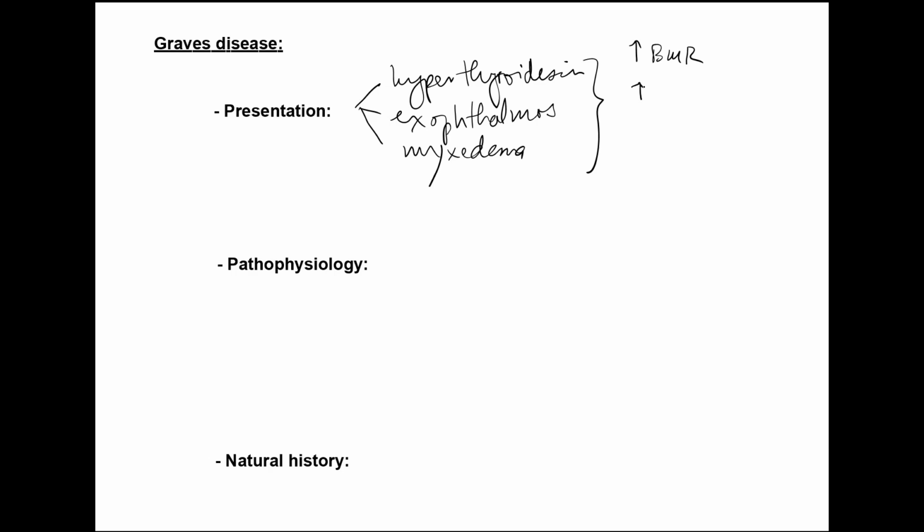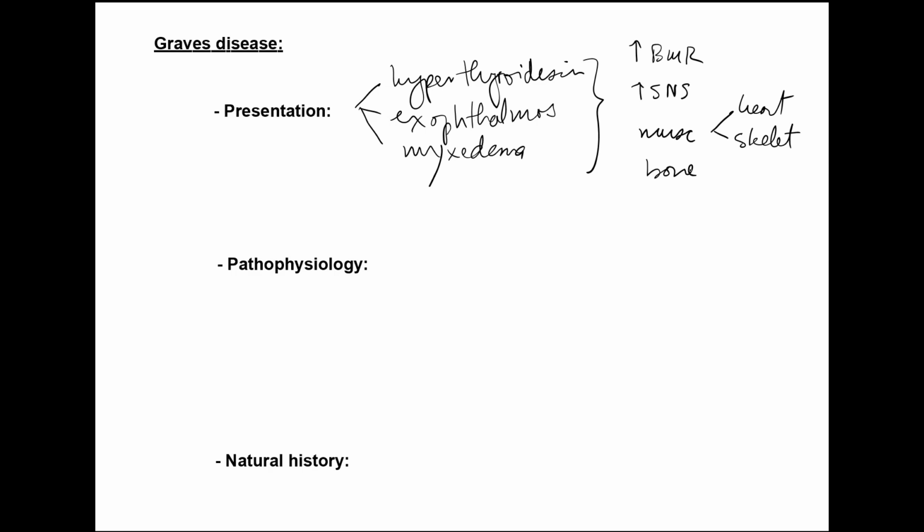The increase in the sympathetic nervous system gives the anxiety and the tremors and the staring eyes. The effect on the muscle, remember we're talking about atrial fibrillation in the heart and weakness and atrophy in the skeletal muscle. And then in the bone, we can see osteoporosis and an increase in calcium.